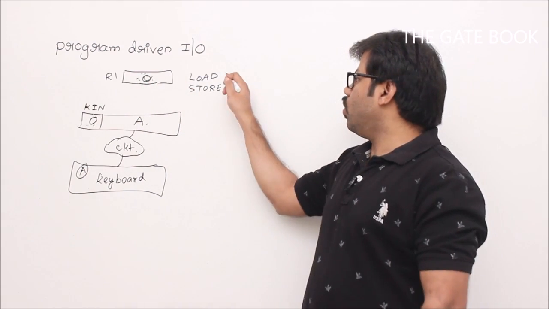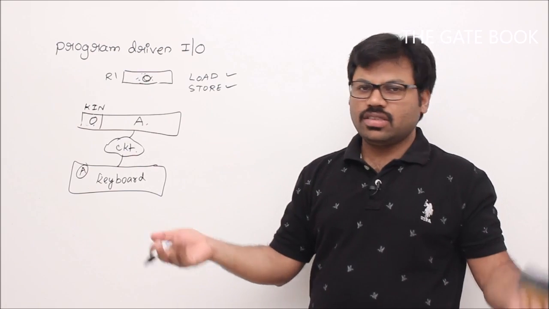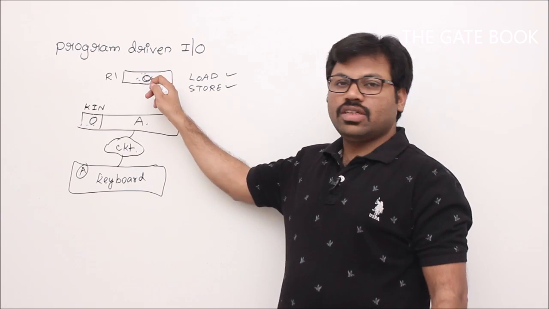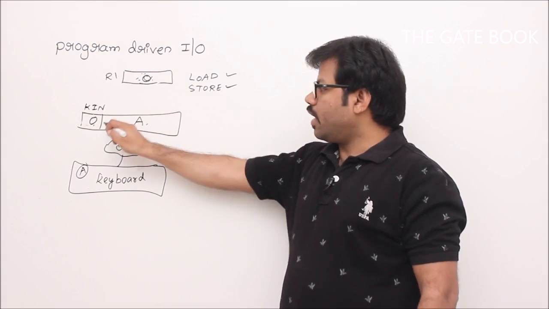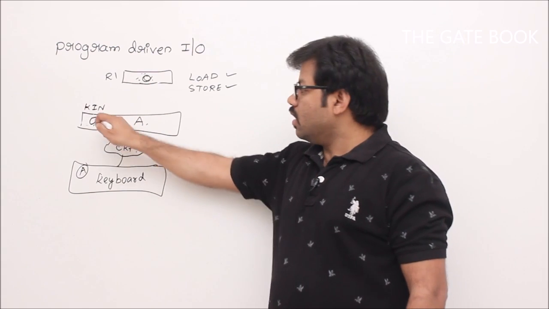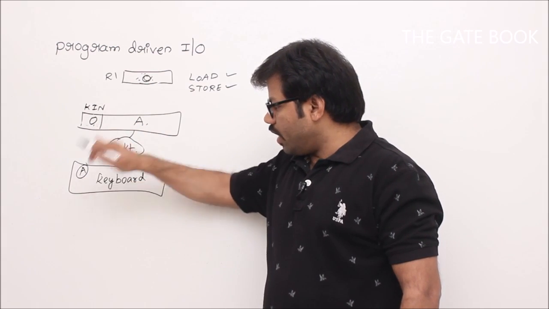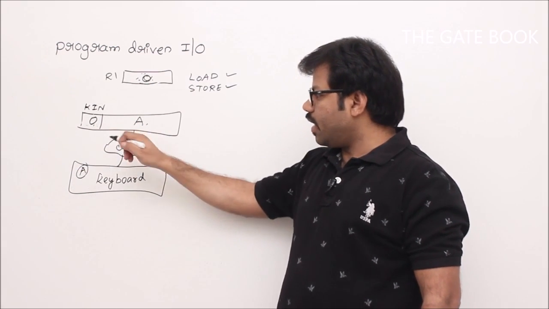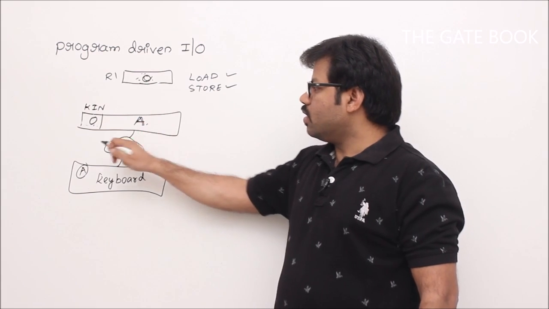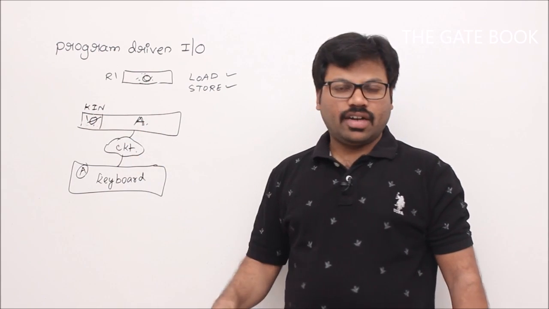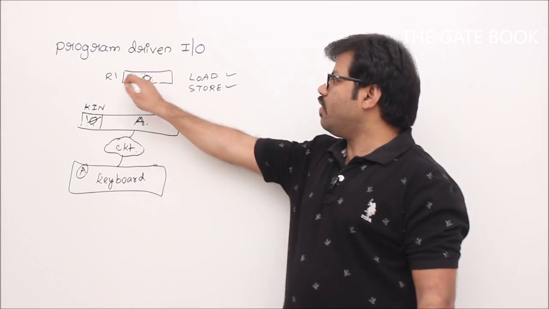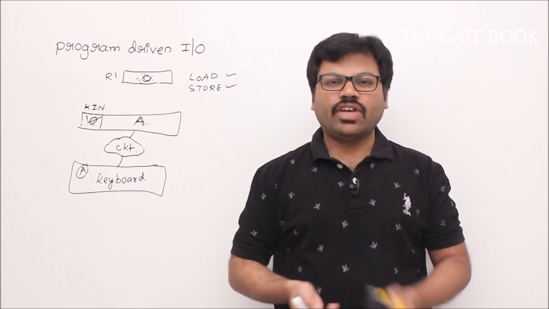If it is 1, do load and store and complete the operation. Otherwise, if it is 0, then again go to KIN and check, because on this keyboard, whenever the user really enters the data, by that time when data is available, this KIN bit is going to become 1, right, after some time. Meanwhile, we will be in the loop, correct? So such a program we have to write.